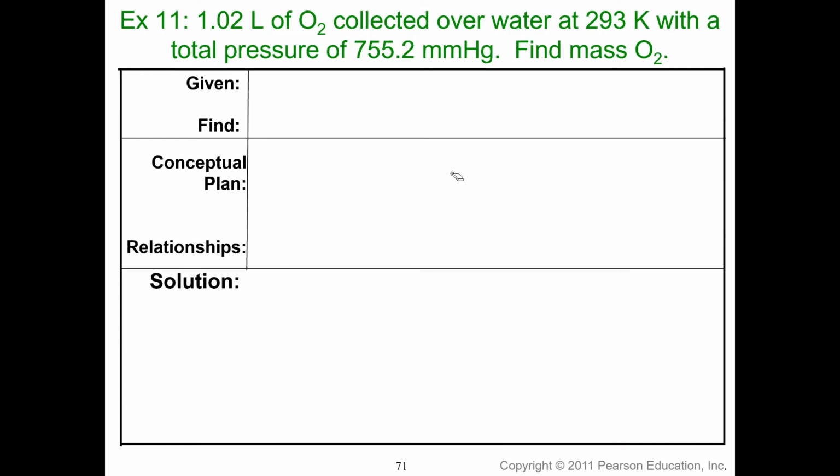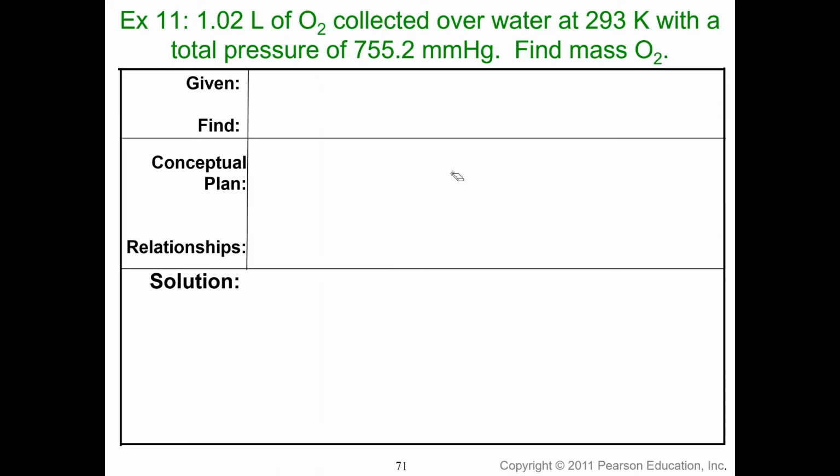Water vapor pressure. Now, we don't have the water vapor pressure, but we can always look it up. In your lab, on the very last page, I believe, there's a table with the water vapor pressure. Obviously, if you Google water vapor pressure, you can find it at different temperatures.